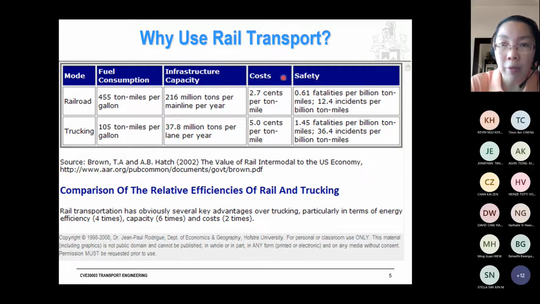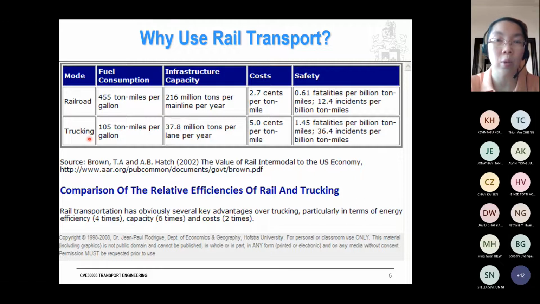In terms of safety, railroad has lesser fatalities per billion ton miles: 0.61 fatalities and about 12.4 incidents, way lower than the trucking system with 1.45 fatalities and 36.4 incidents.